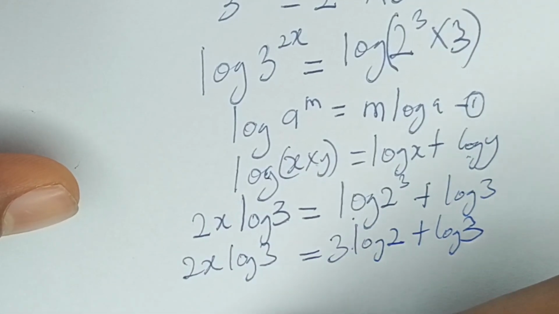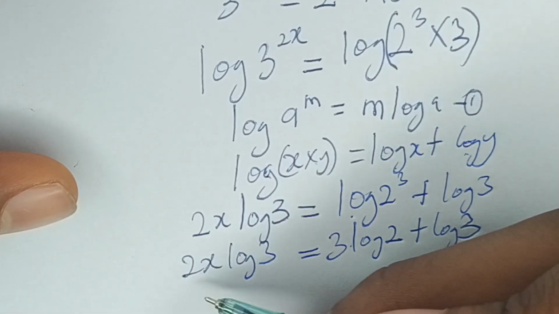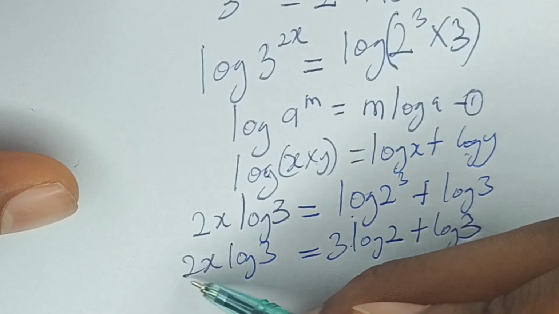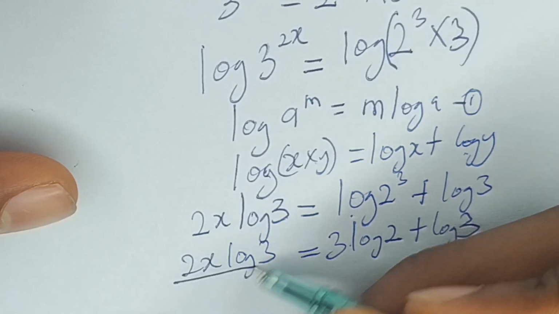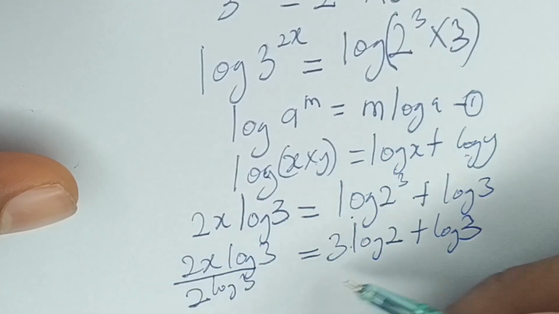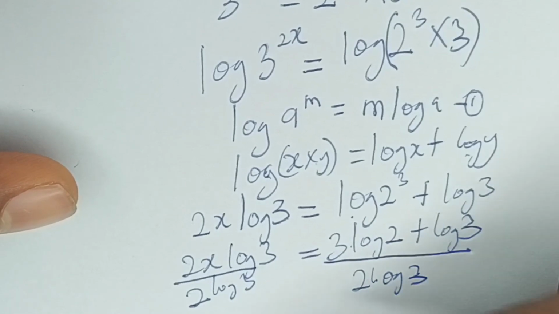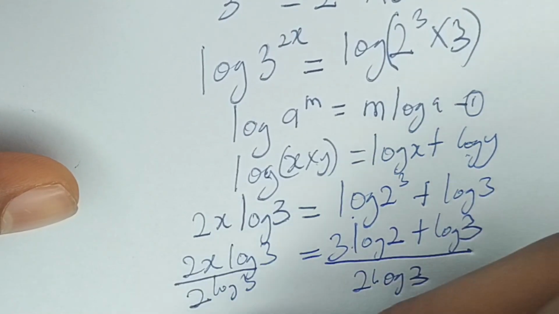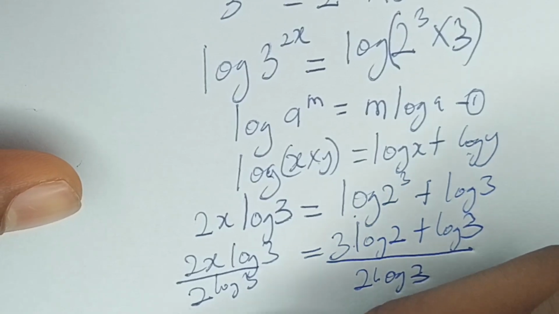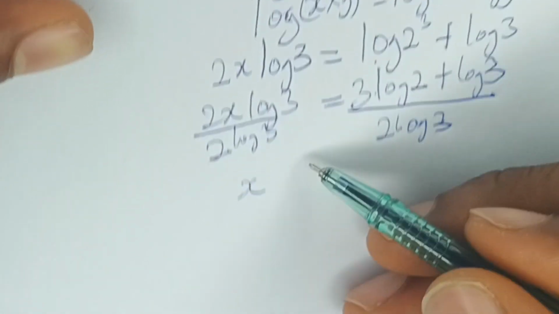So we can decide to divide both sides by 2 times log 3. Okay, so we have here divided by 2 log 3, and then this whole side divided by 2 times log 3. 2 times log 3 will cancel, so that what we are left with on the left hand side is x. Okay, and this x is equal to what?